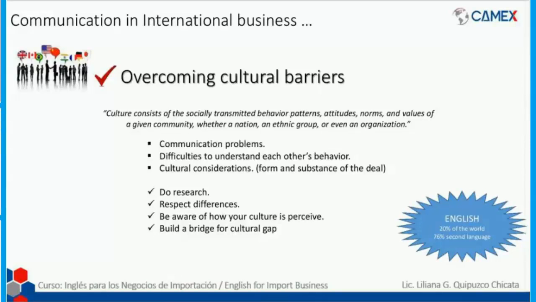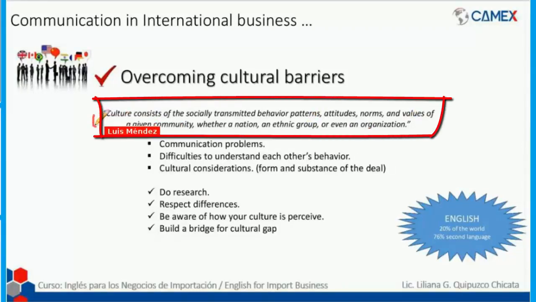It collides, so it becomes a barrier and you cannot communicate effectively. Culture, like you can see here, consists of the socially transmitted behavior patterns, attitudes, norms, and values of a given community, whether a nation, an ethnic group, or even an organization. So it doesn't mean just a person. It can mean a community, a country, an ethnic group, or maybe an organization, a company.